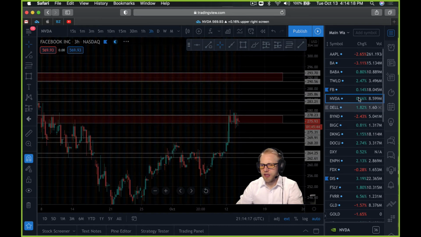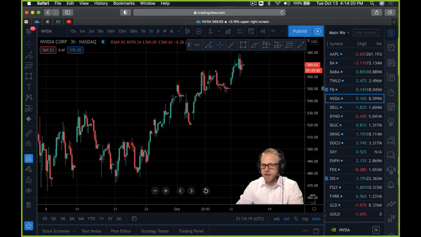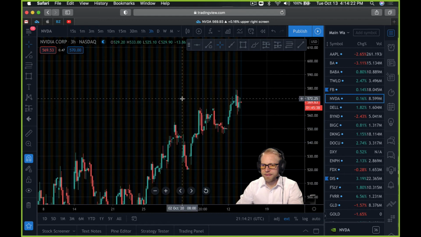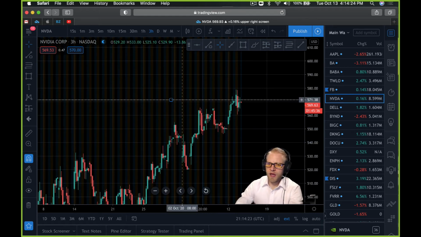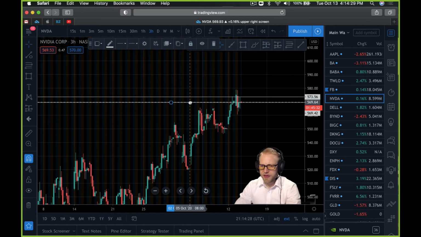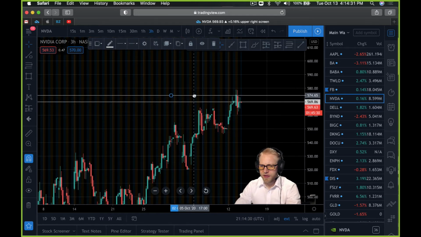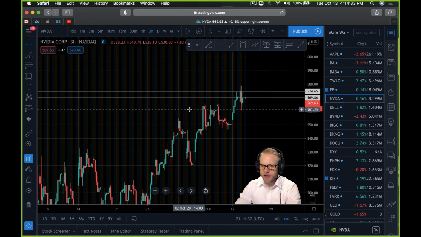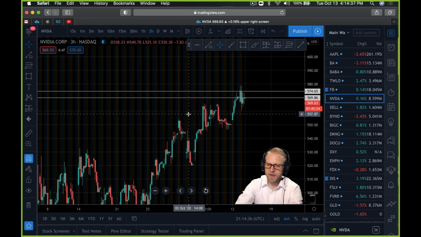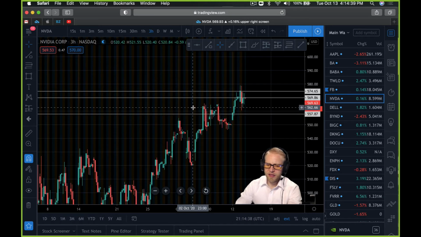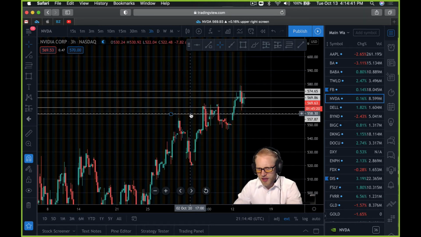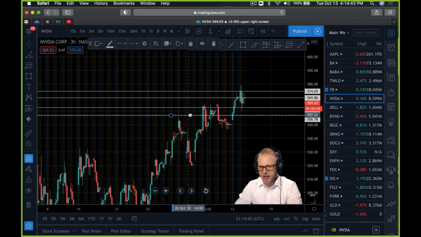And then here's NVIDIA. NVIDIA has some sellers in the top. Start out with something that I understand in order to find these areas. And we see some more selling. NVIDIA sometimes has some really close zones.